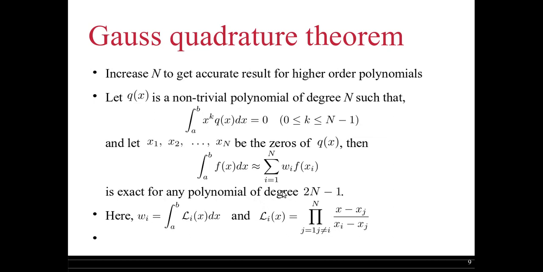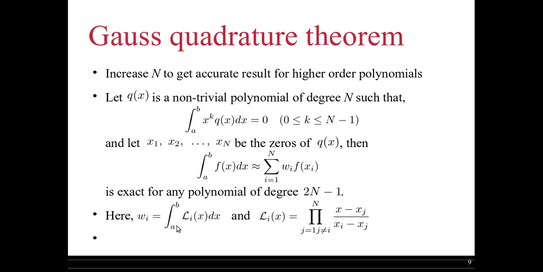So we have to prove that, and here this wi, this weight factor, is equal to the integration over a to b of the curly li, which is the Lagrange interpolating basis. So this is an n minus 1 order polynomial.